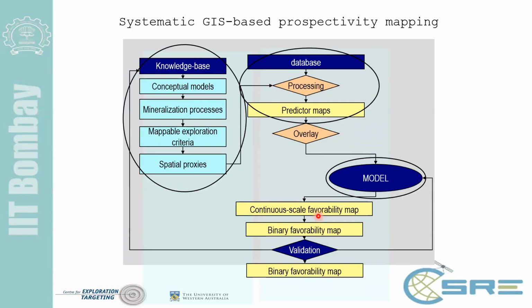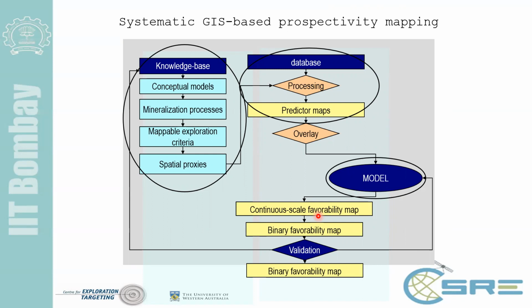So the whole process can be divided into three components. The first, of course, is the knowledge base, and that's where you are trying to understand the mineralization processes. You're trying to come up with a conceptual genetic model of the deposit that you're targeting. And based on that, you identify the targeting criteria.